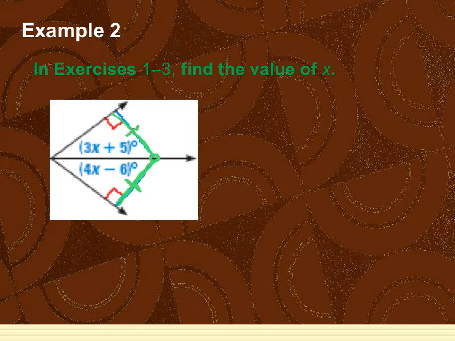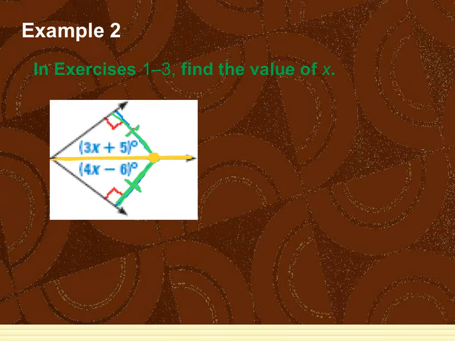Since this point right here, let me change colors one more time, this point right here is equidistant from the sides. It means that it must be on the angle bisector. This is the converse of the angle bisector theorem.